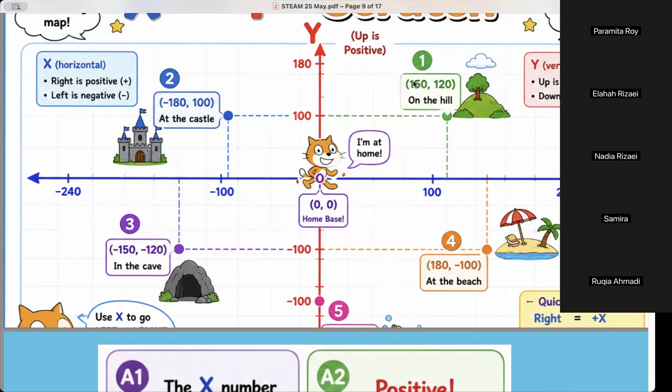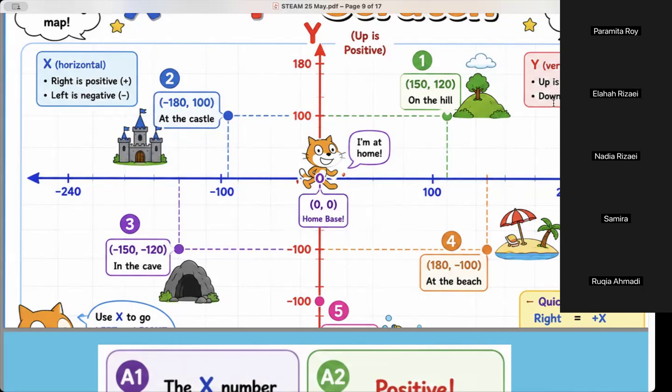Here, both are positive. 150 to the right on the x-axis and 120 up. Therefore, both numbers are positive.